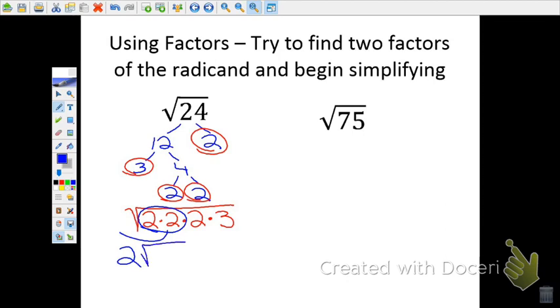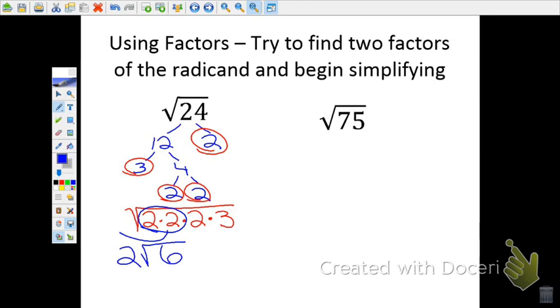Inside, I still have the 2 times 3 that I multiply back together to get 6. So 2 square root of 6 is the simplified version of the square root of 24, because inside the radical, 6 cannot be simplified any further. I just get 2 and 3, not a pair to come out.